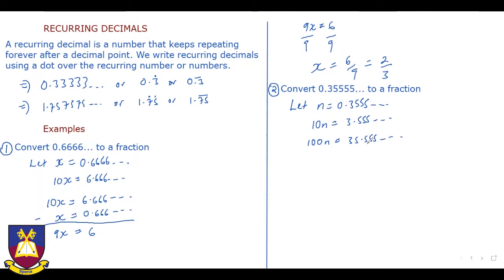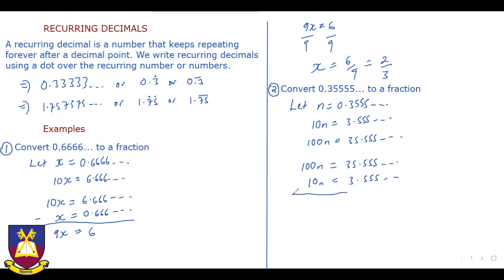100n is 35.555 recurring. Now in this case, we can't get this minus this, because we would still have a decimal point and numbers after it. So we're going to get 100n is equal to 35.555 recurring, then minus 10n. We're using this so that we overcome the problem of this first non-recurring number, 3.555.